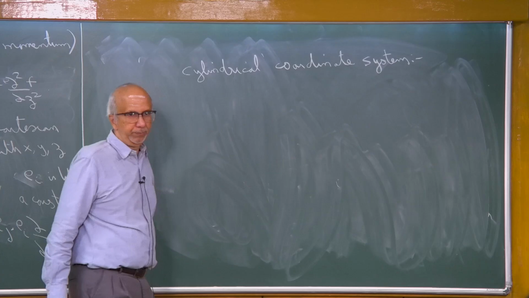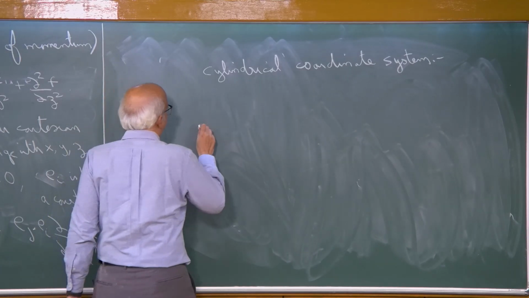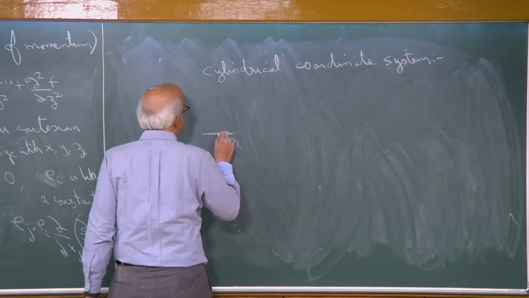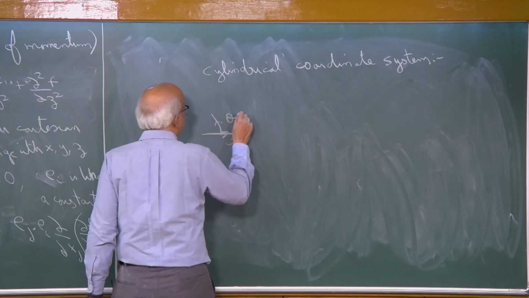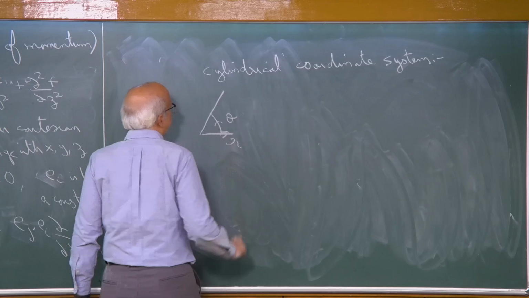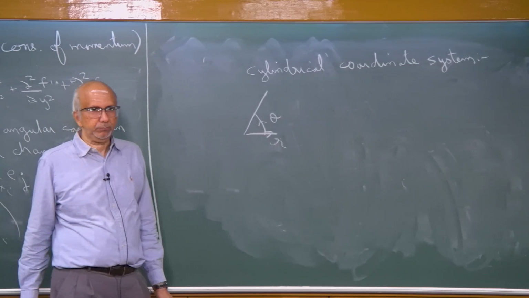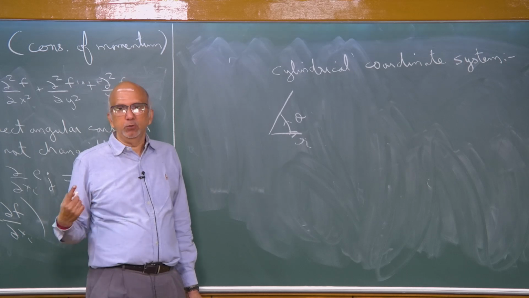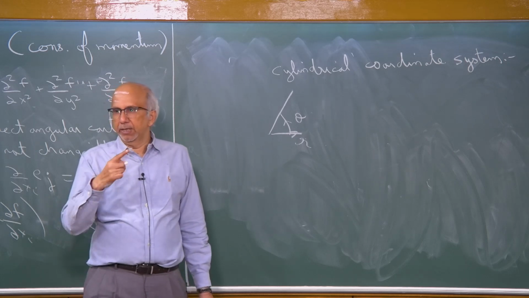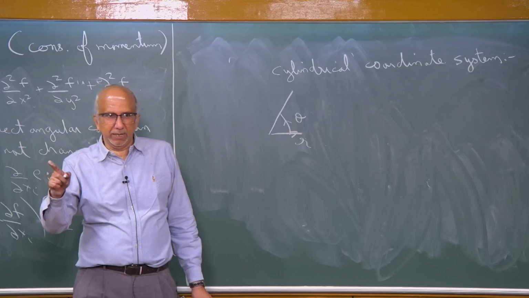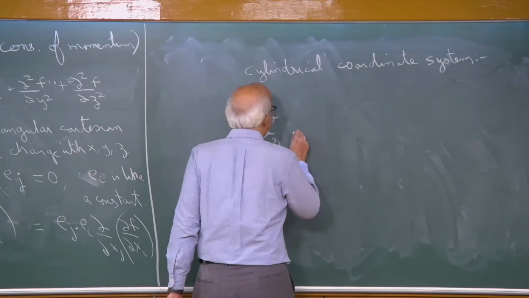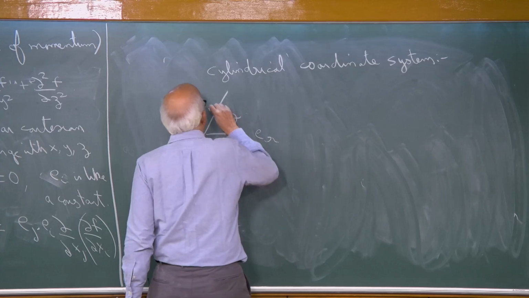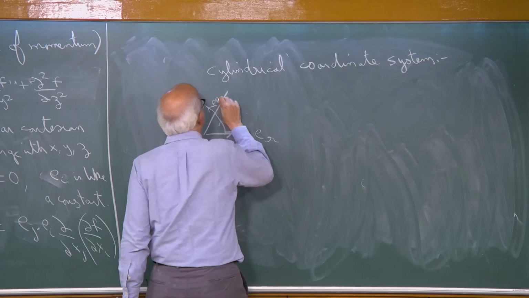Just to keep life simple, we look at this as the r direction and this as the theta direction. E theta is the unit vector in the theta direction, and ER is the unit vector in the r direction.